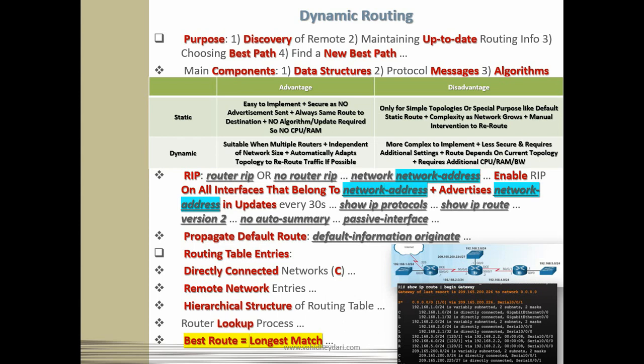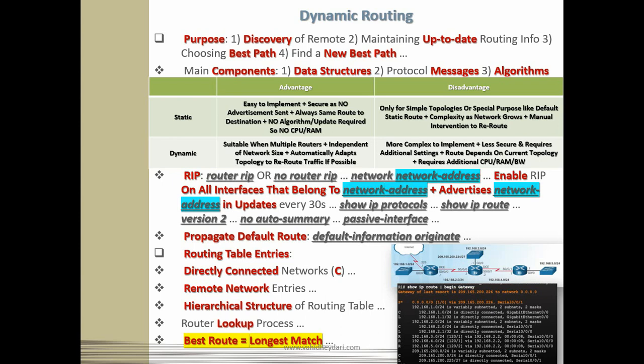We have routing protocol messages in order to discover our neighbors. So they help us discover neighboring routers, and then they help us exchange routing information and maintain accurate information about the network.